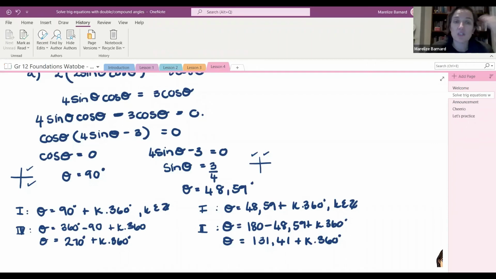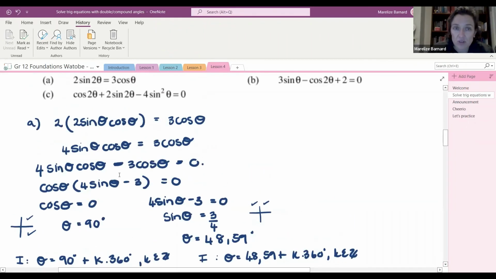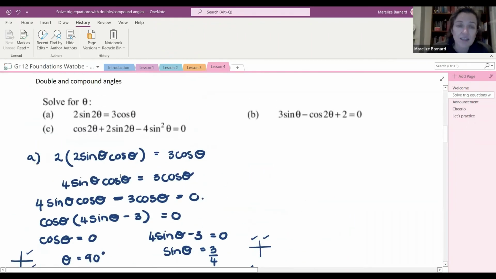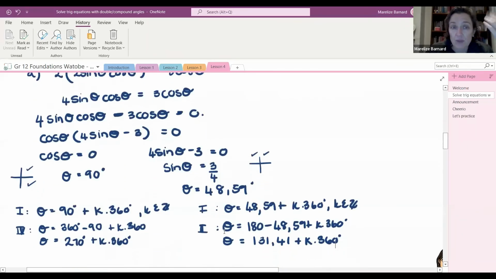And it's normally just at the start of the general solution where you have to either change sine 2 theta or cos 2 theta, and then get your trig ratio by itself, and then from there on, the work is really at the start.